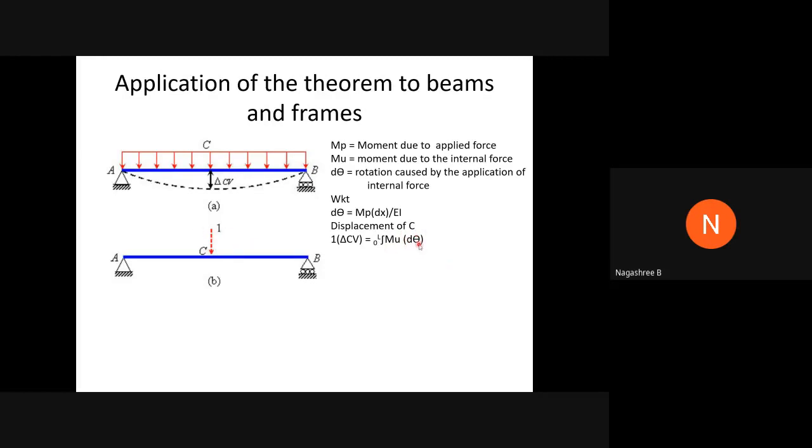The moment multiplied by the slope gives you the deflection due to the unit load applied.